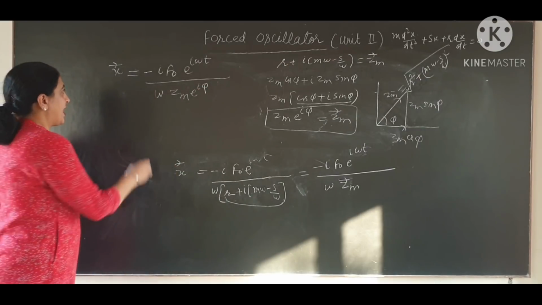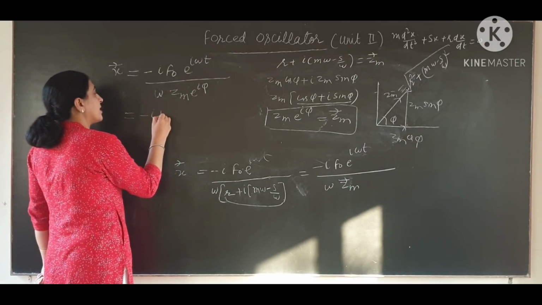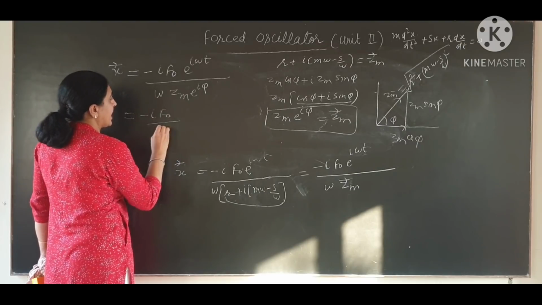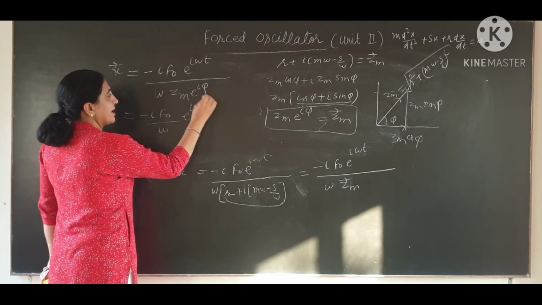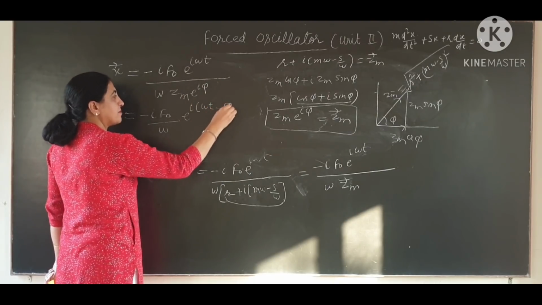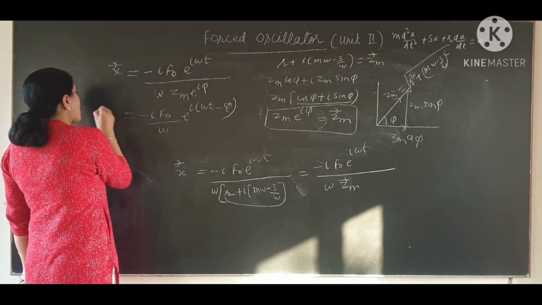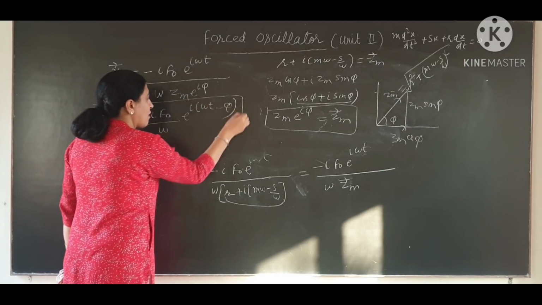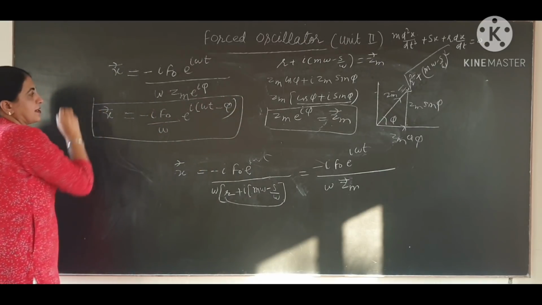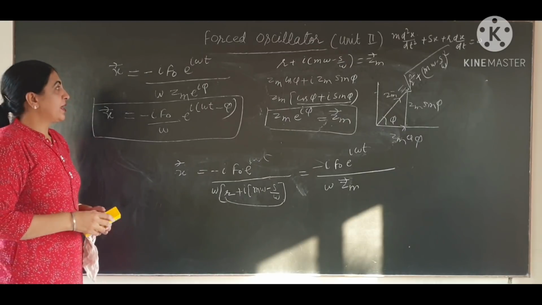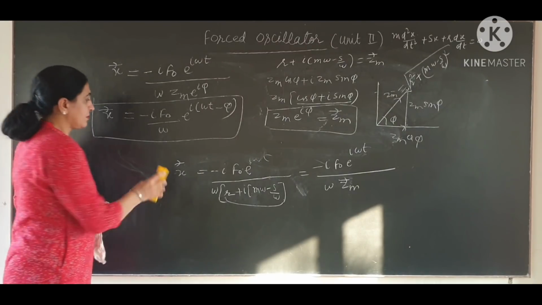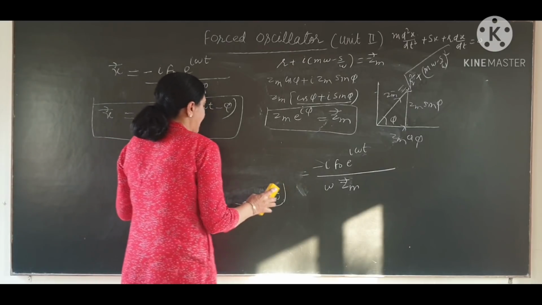Clear? And can I write it as e raised to power iota omega t minus phi? So this is our final value of x. Clear? So this is the final value of x.